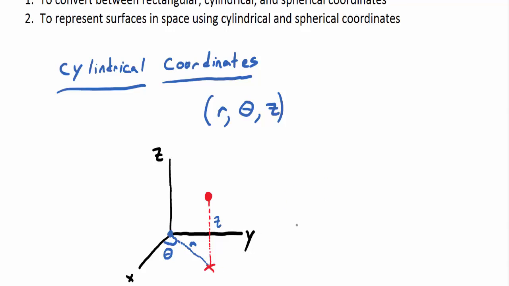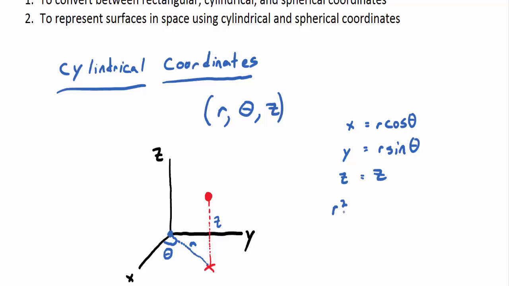So the usual transformation equations apply. If you want x, you can take r cosine theta. If you want y, you can take r sine theta. z is equal to itself, z.